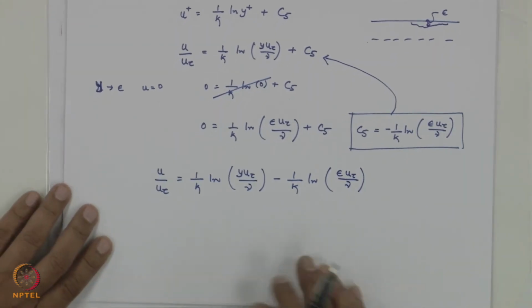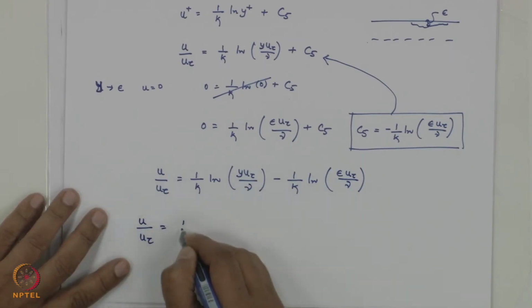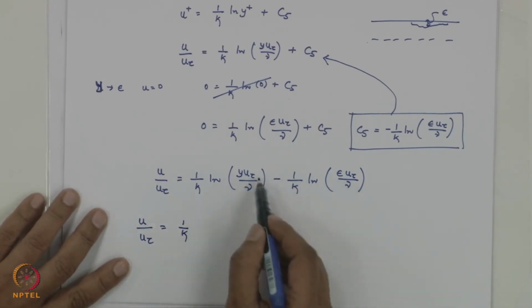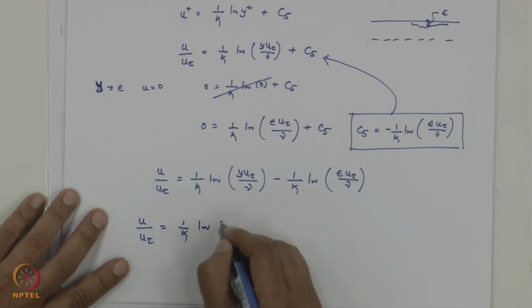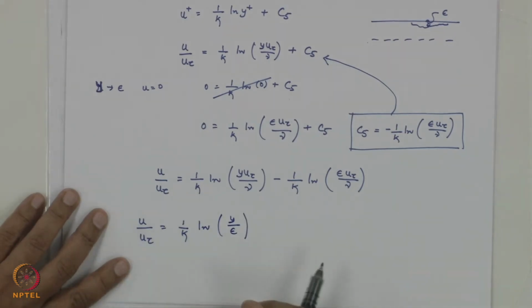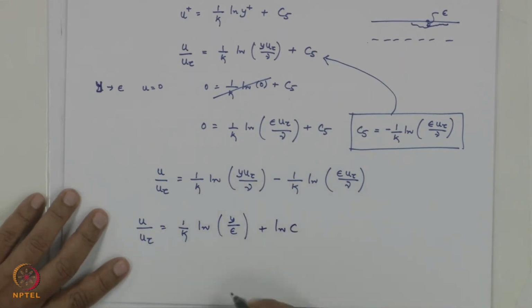Okay, so now u by u tau is equal to 1 by kappa, this is log a by b. If you do a by b, u tau by nu gets cancelled out. So you get log of y by epsilon. But then this does not work, so we take some constant, log c also.